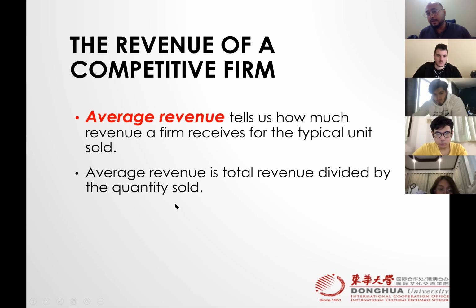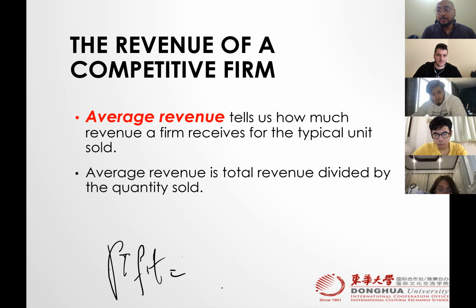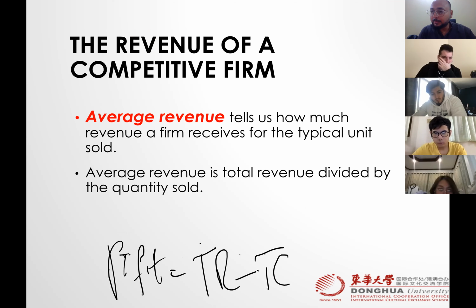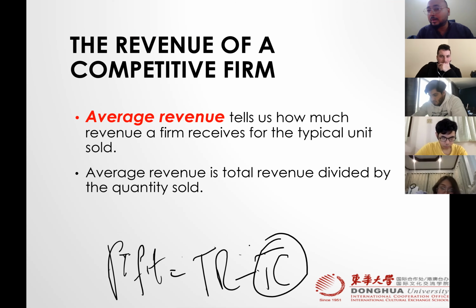So why are we studying this chapter? Because we want to maximize our profit. The profit formula is total revenue minus total cost, right? In the previous chapter, we talked about costs, how to decrease our costs.